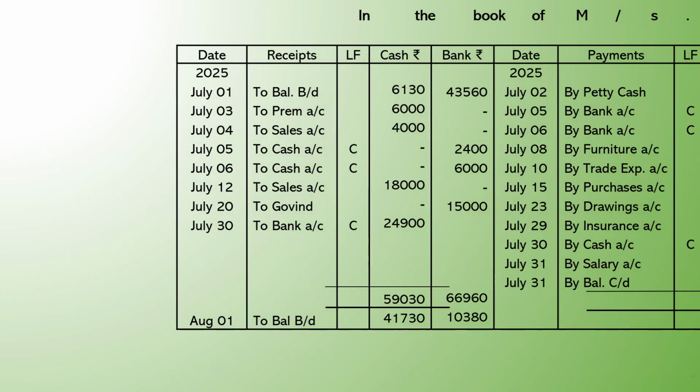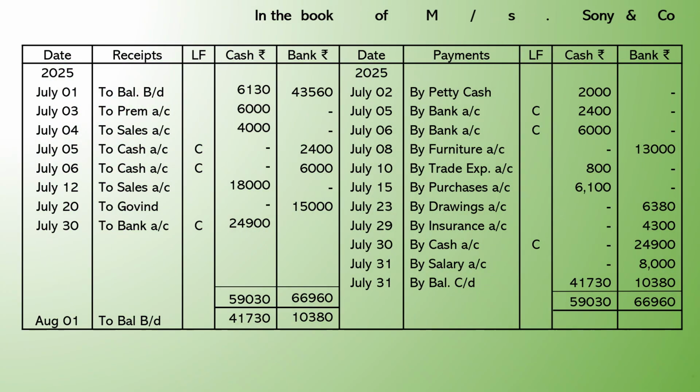Explanations. Here, initially we need to identify the receipt and payment status of each transaction. Let us go through transaction-wise details. 1st July. Cash in hand 6,130 rupees, opening balance, enter on debit side, cash column. Cash at bank 43,560 rupees, opening balance, enter on debit side, bank column. 2nd July.